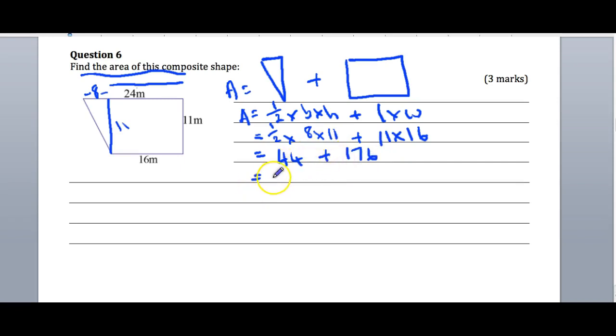Okay, then add these 2 together. So 44 plus 176, that's 220. Just making sure that's right. Okay, so 220 meters squared. Sorry, we're doing the area. There we go. Okay.